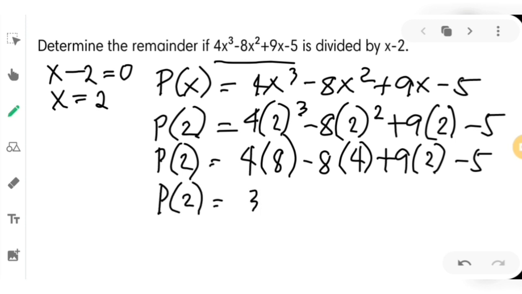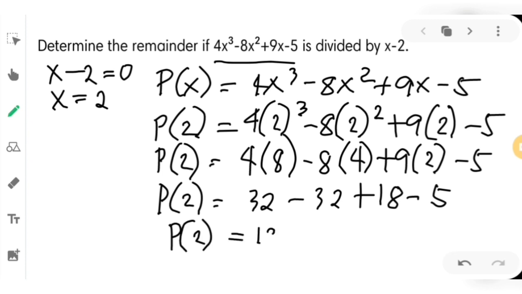So 4 times 8 is 32. Negative 8 times 4 is negative 32. 9 times 2 is positive 18 minus 5. 32 minus 32 is 0 plus 18. So 18 minus 5 here is 13. So that means p of 2 is equal to 13. So our remainder is 13. As you can see, we got the same answers.